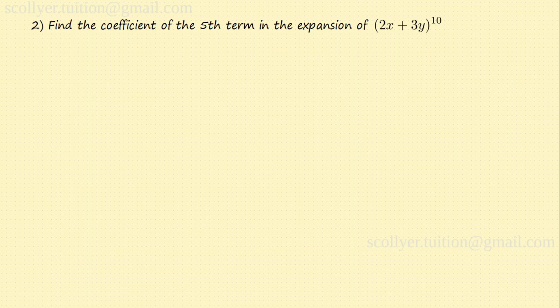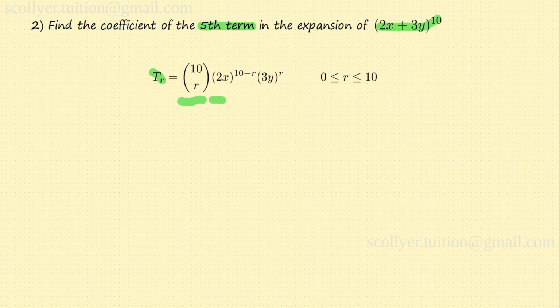Problem 2. Find the coefficient of the 5th term in the expansion of 2x plus 3y to the power 10. The rth term, t sub r, in the expansion of 2x plus 3y to the 10 has the form 10 choose r, 2x to the power of 10 minus r, times 3y to the power r, where r runs from 0 to 10 inclusive.